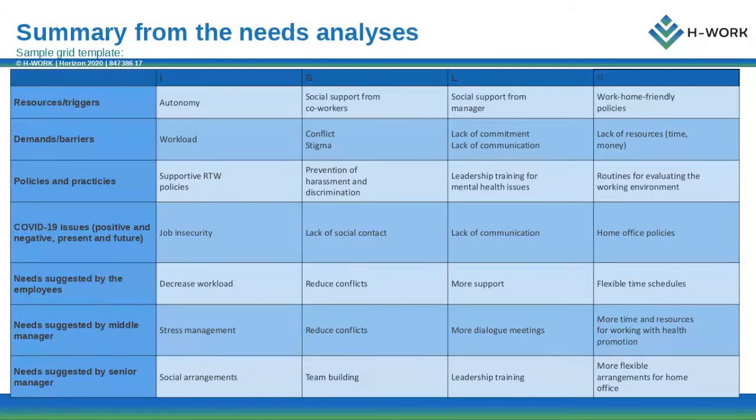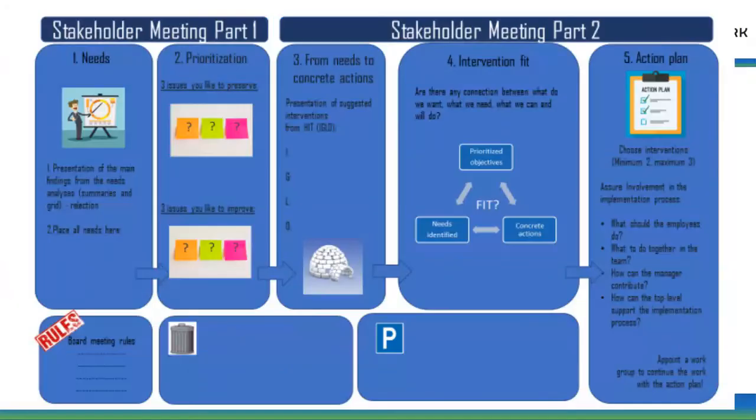So you can see here, for instance, at the individual level, there are some resources identified, such as autonomy, but the demands are workload, for instance. There have also been some COVID-19 issues related to job security. Also, what has been suggested by the middle managers and the senior managers as well. So all this summary is then brought to the next phase, which is the stakeholder meeting.